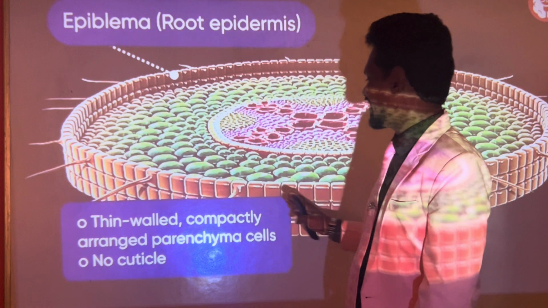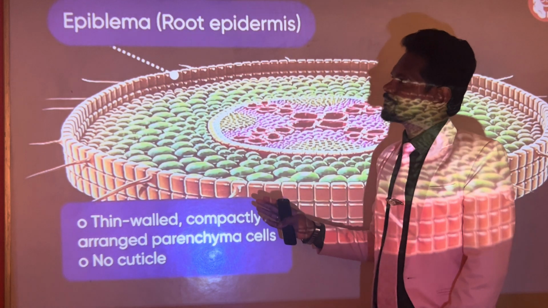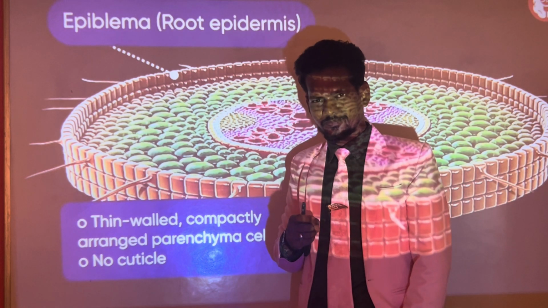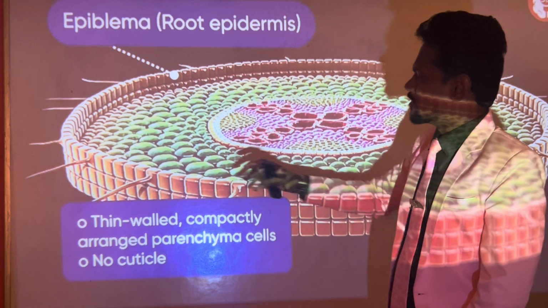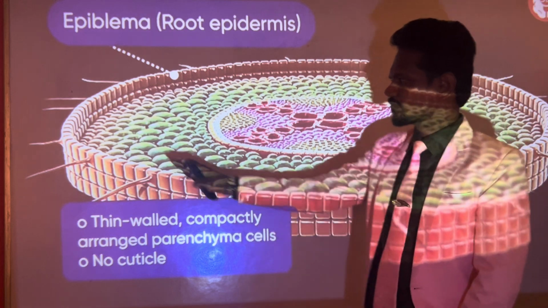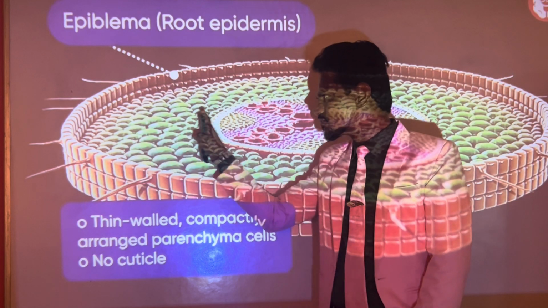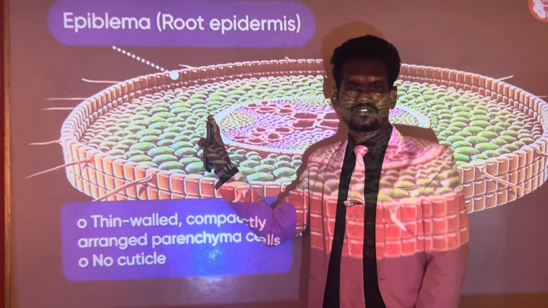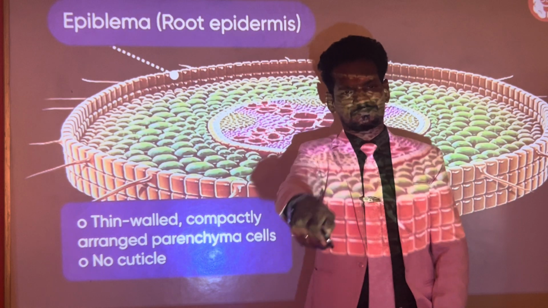The main function of the root hair is absorption of water and minerals from the soil, and the main function of the epidermis is protecting the innermost tissues present in the structure of the root. Let's see.